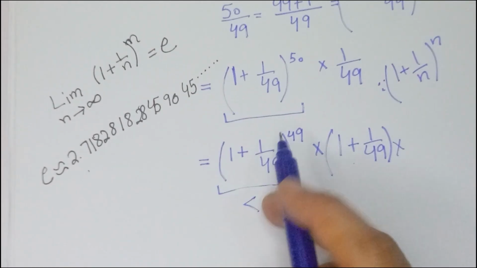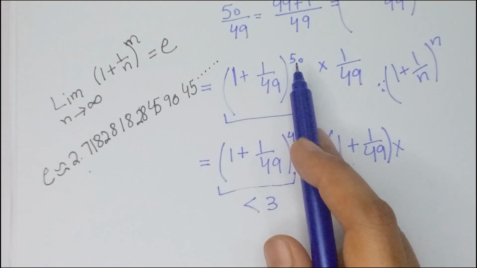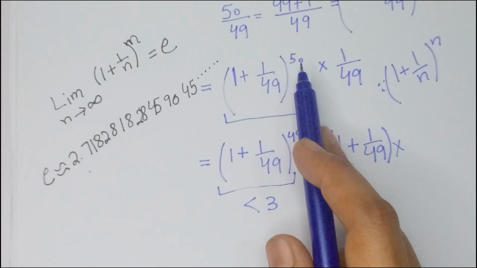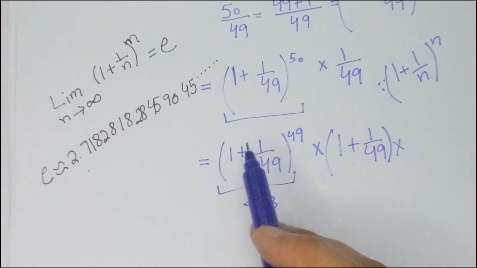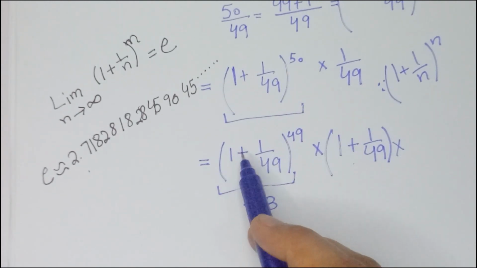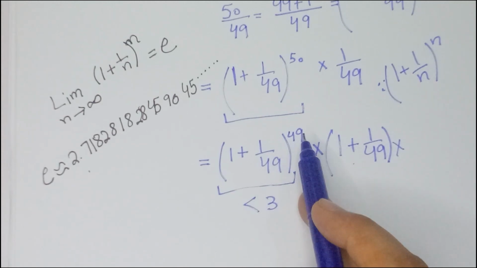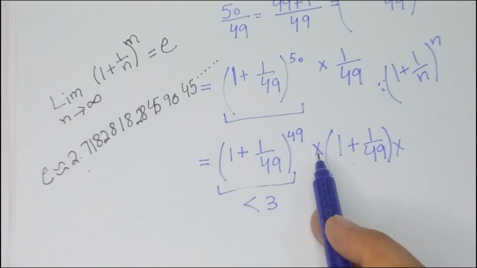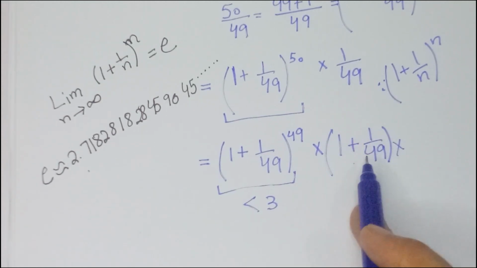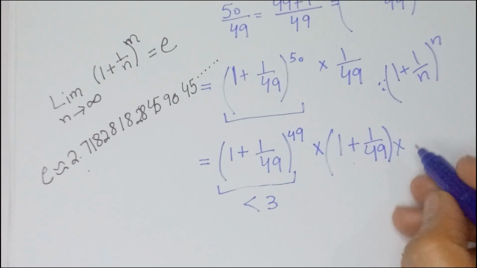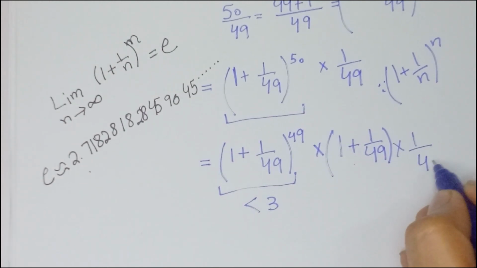By understanding this, this part here must be smaller than 3. As we break down 50 power 50 into 49 plus 1, we have written 1 plus 1 upon 49 to the power of 49, into 1 plus 1 upon 49, multiplied by 1 upon 49.